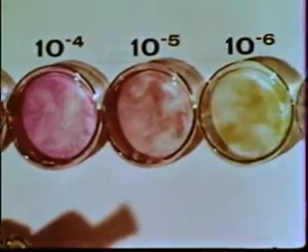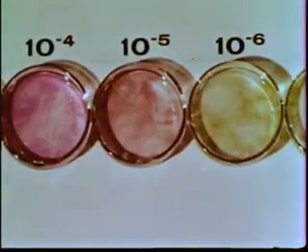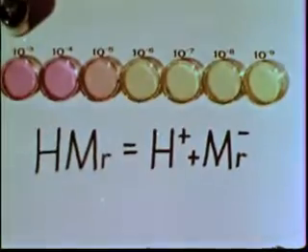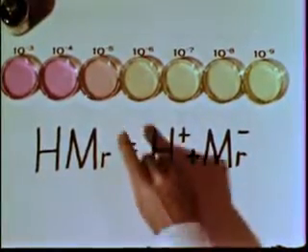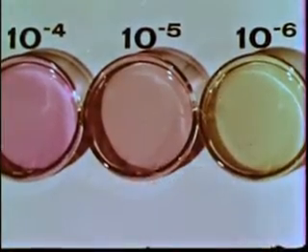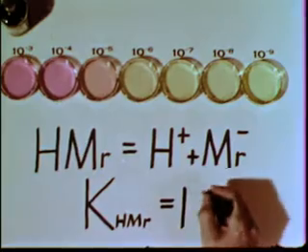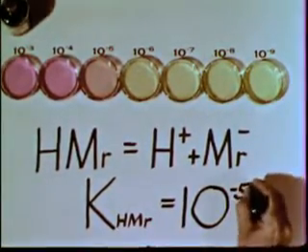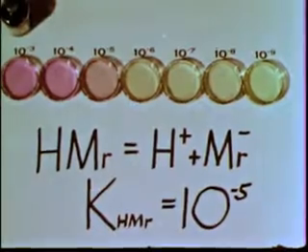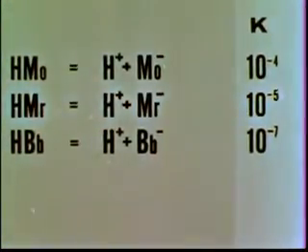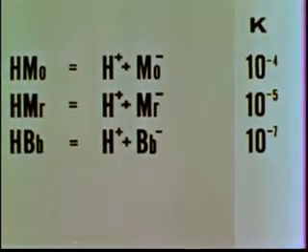The intermediate color appears at 10 to the minus 5th molar hydrogen ion concentration. The acid, methyl red, therefore, has an ionization constant of about 10 to the minus 5. Methyl red is a weaker acid than methyl orange, but stronger than bromothiamyl blue.